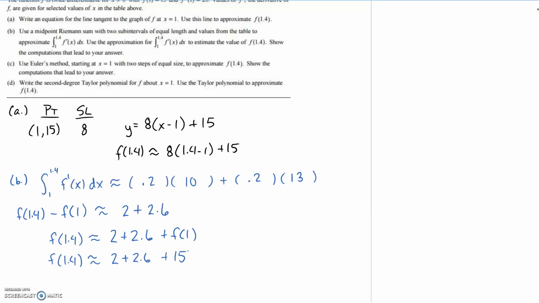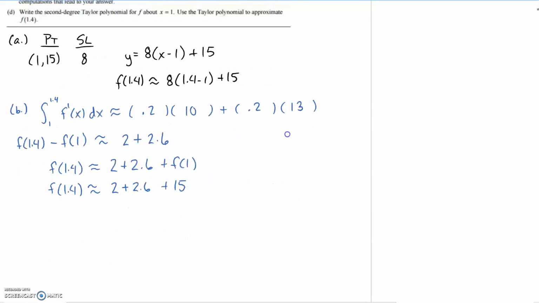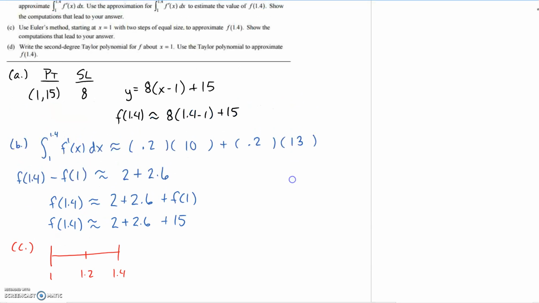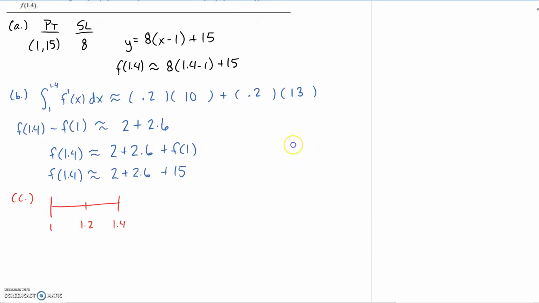And then part C, using Euler's method, starting at x equals 1 with two steps of equal size. So starting at x equals 1, trying to get to 1.4, two steps of equal size. That means we're going to recalculate at 1.2 our tangent line.